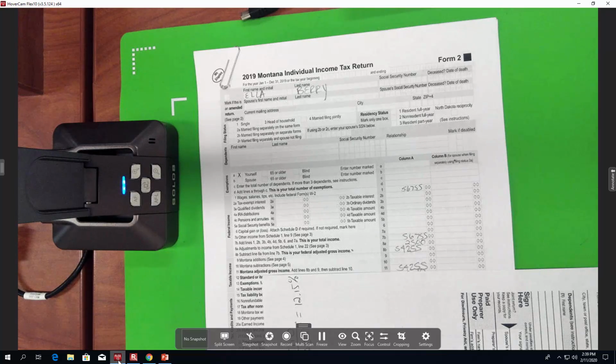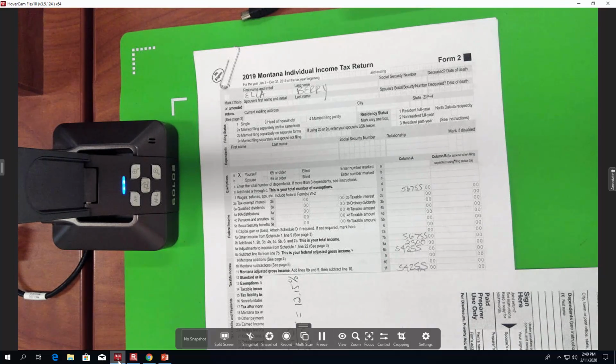And the standard deduction, it told you to go to a worksheet. I'm not going to spend a bunch of class time going over the worksheet, but if you'd done it, you would have come to $4,710. Again, you're not responsible for this, you're responsible for the concept. I could definitely ask you, how do federal and Montana tax returns differ?